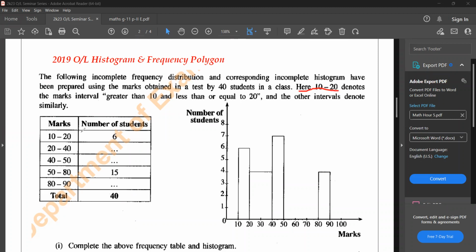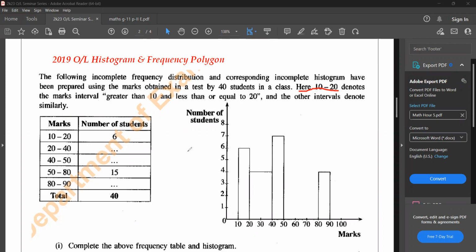Here 10 to 20, so this range denotes the marks greater than 10. So 10 to 20 means greater than 10 and less than or equal to 20. That's pretty understandable, right? There's nothing complex in that. 10 to 20 means marks greater than 10 but less than or equal to 20. That's the range. And the other intervals denote similarly.